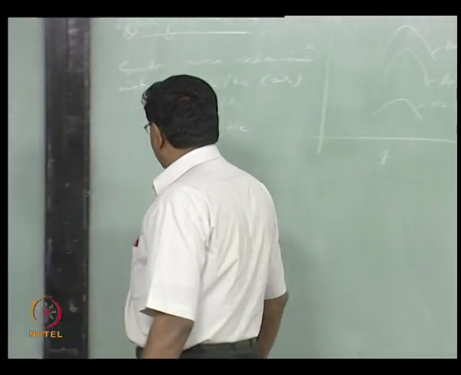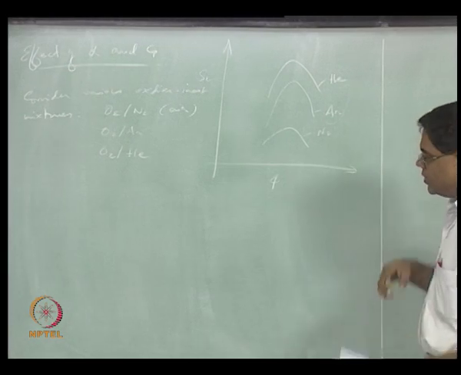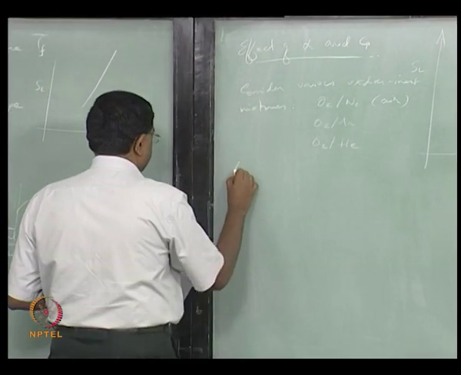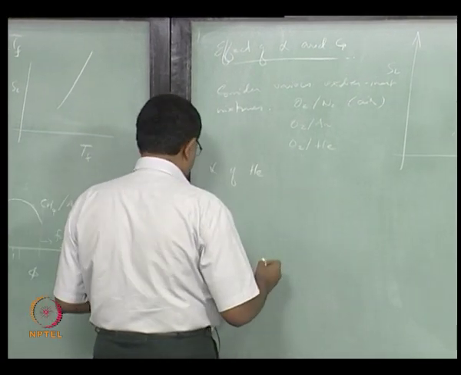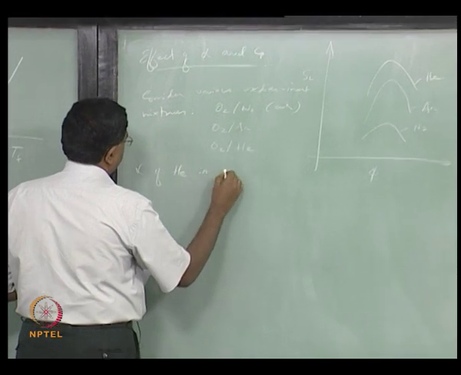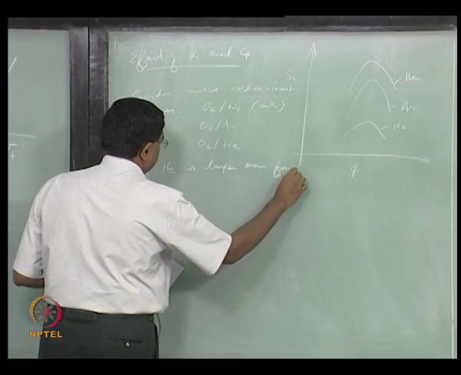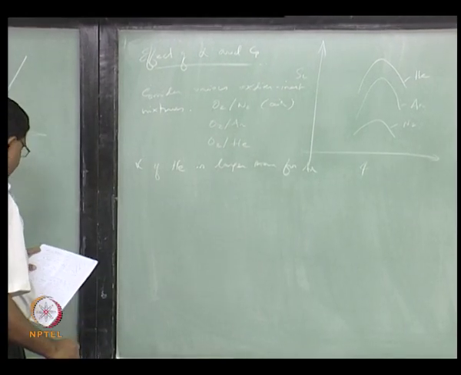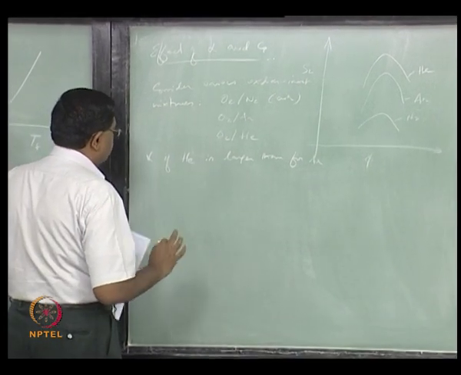Because helium is lighter than argon for the same Cp, alpha of helium is much larger than for Ar.